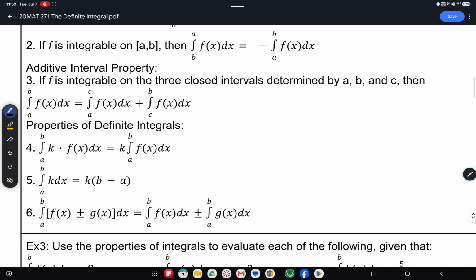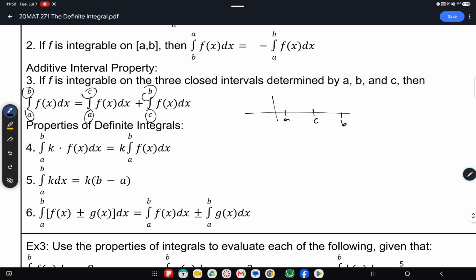Now, with integrals, we have this additive interval property. If we're looking from a to b, and there's some c value in between, we could go from a to c and add in from c to b. So if I look at an interval like this, we've got a, b, and some c value in between.